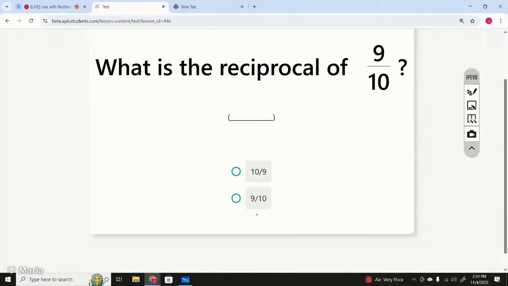Option number 2 is the correct option. What is the reciprocal of 9 by 10?